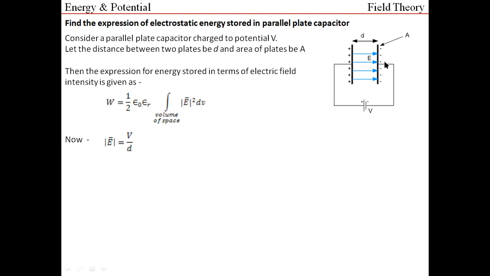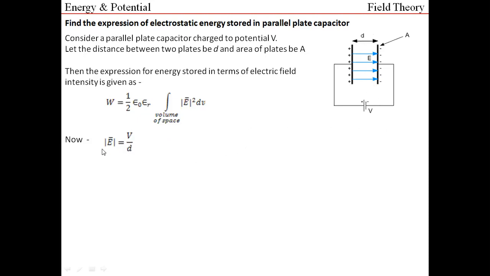So if I know that the potential difference between two plates is V, and the distance between two plates is d, then the magnitude of E bar would be V by d. This can also be understood in context with the relation of potential and electric field intensity, right? So E bar is equal to V by d, where d is the distance and V is the potential difference between two plates.